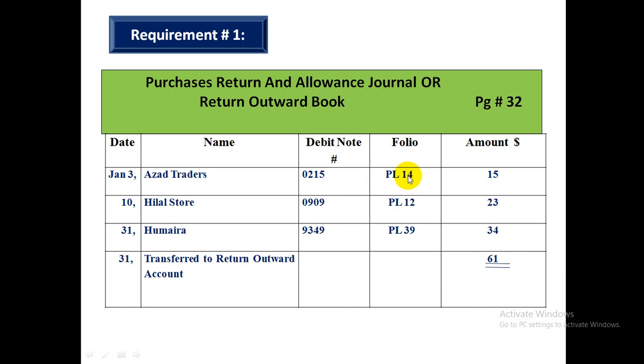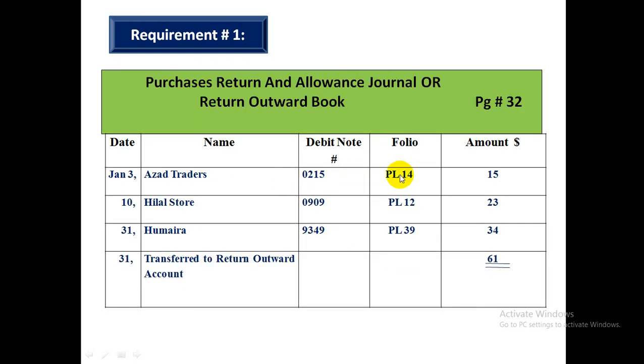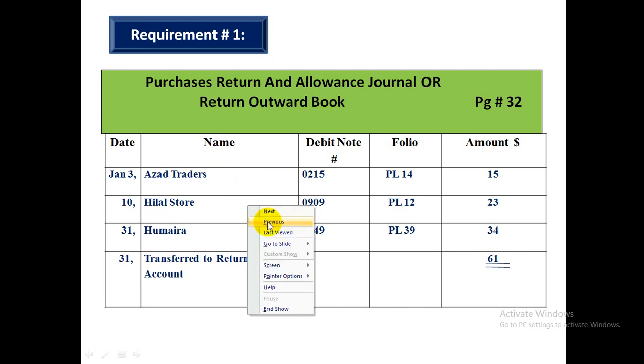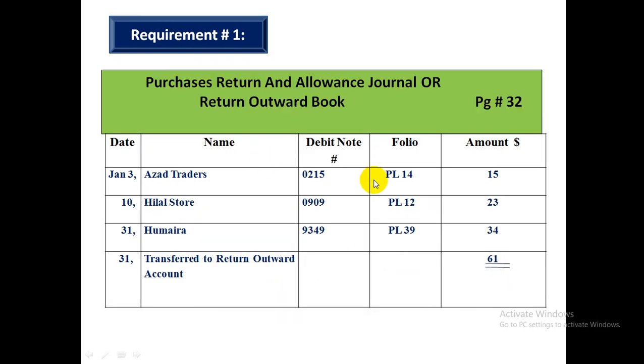The folio: what folio number had we given to Azad Traders? We had given him PL14, so the same purchase ledger 14 number we can use here. Do not use another number because one ledger for Azad Traders is to be prepared. Let's see what number we had given to Hilal store. To Hilal store we had given the number purchase ledger 12, so use the same folio for Hilal store.